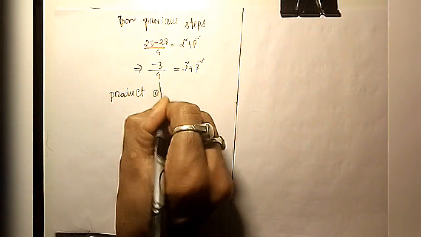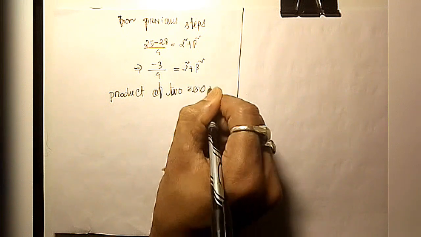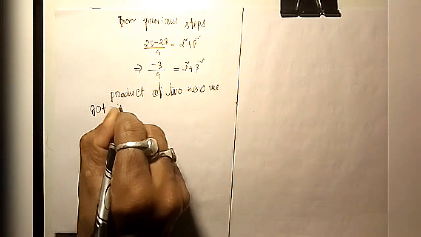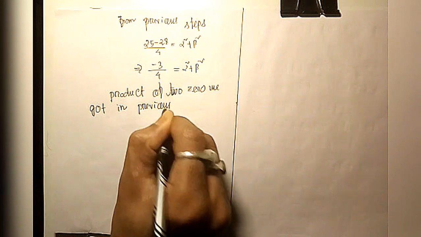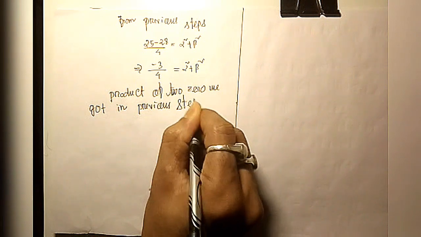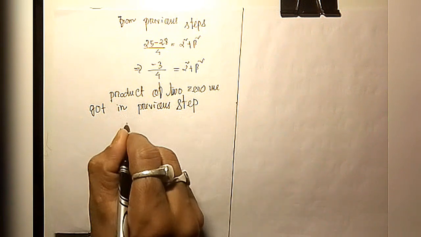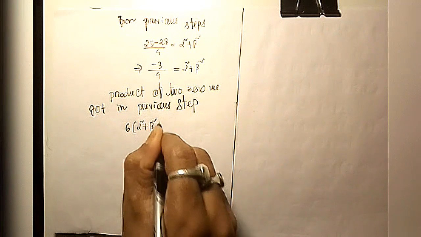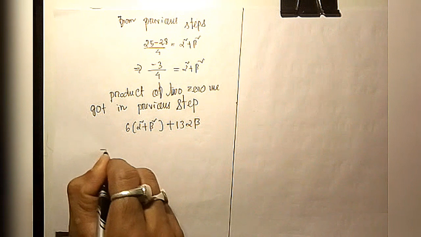Now the product of the two roots. In the previous steps we got the product of the two roots as 6 times alpha square plus beta square plus 13 alpha beta.